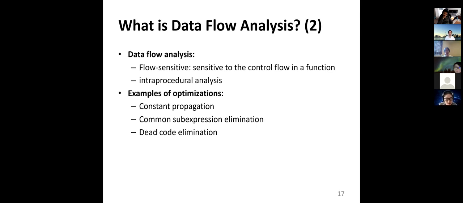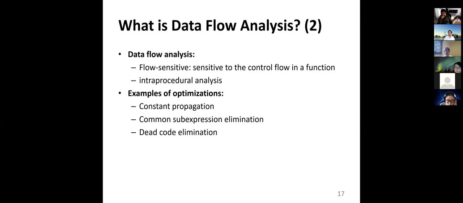For example, if you had something like copy 3 into R2, and you know that's the only definition of R2 within this basic block, you can replace R2 with the constant everywhere in this basic block. Another example is, obviously, common sub-expression elimination.